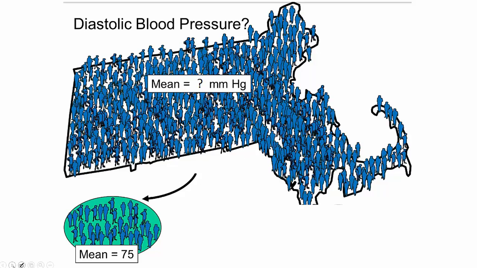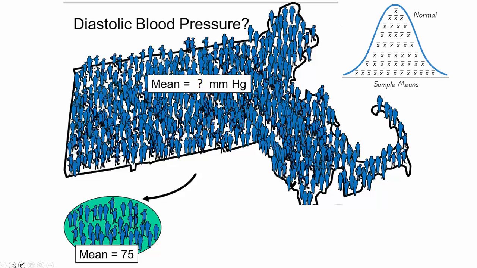So in Chapter 6, we studied repeating this process to create a sampling distribution. And we know that all these sample means, from tons of them, are normally distributed. So maybe 75 is truly the mean right here in the middle. Or maybe it's on the high side and it's like this number up here and it's off a bit from the true mean.